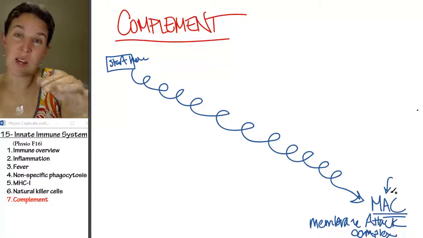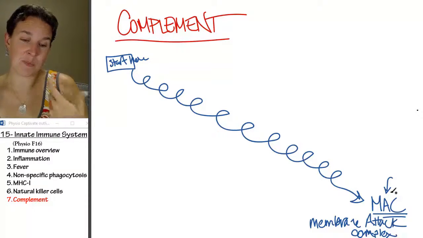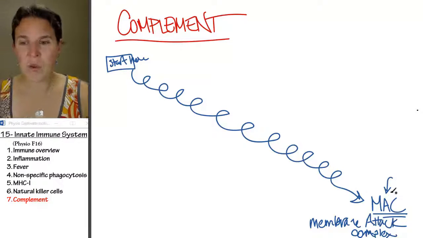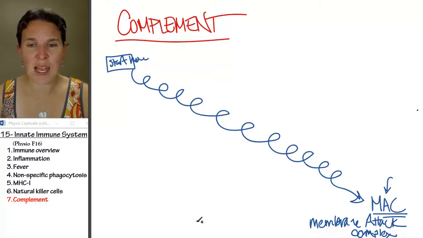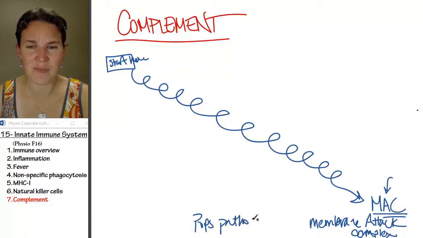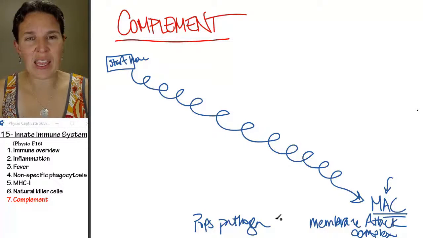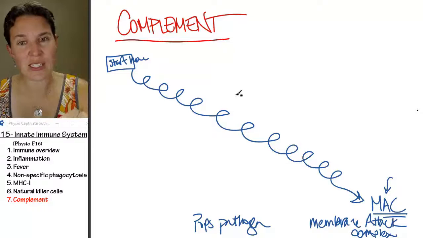It creates a complex that pops the bad guy. So the membrane attack complex pops the pathogen. And it's a general thing. And here's what's really interesting.